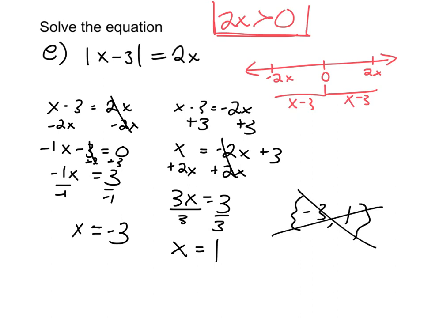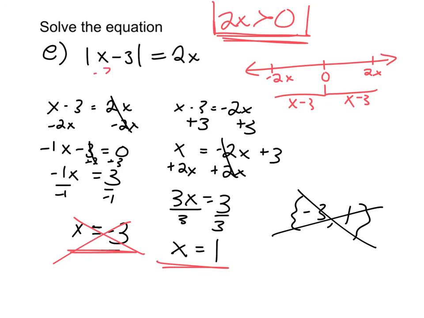No, right? I need to check this criteria, right? I need to check the criteria up top. So if I were to plug in x equals negative 3, is 2x greater than 0? No, it's not, right? So that is not a solution, right? If you were to plug in x equals negative 3, what would happen?